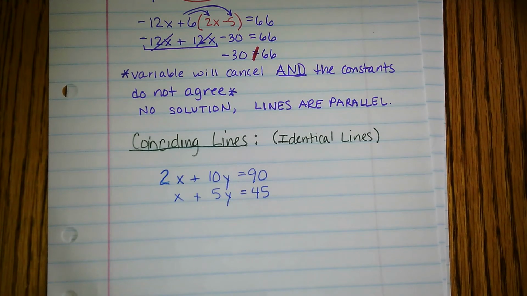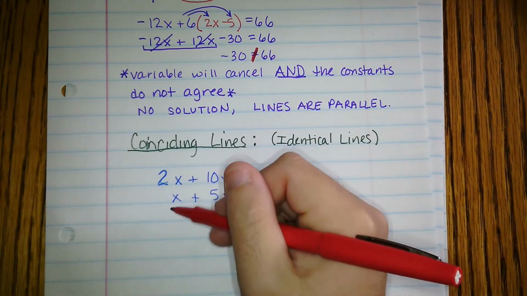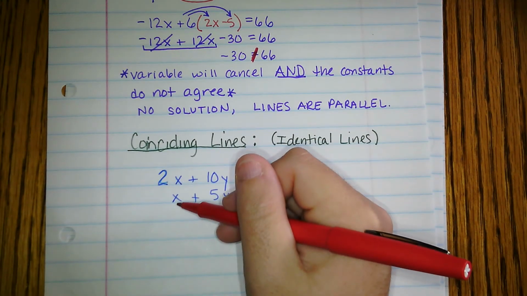We go about our business and do the elimination method, but with the understanding that they're coinciding and going to have infinite solutions. What does the algebra look like so that you'll know? In this case, I like to eliminate the x's.